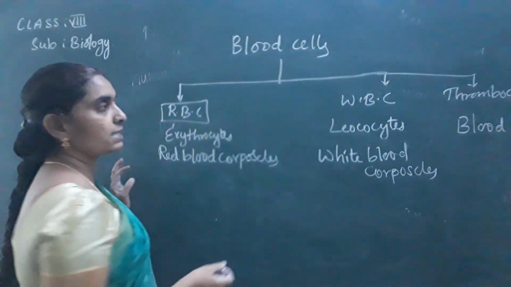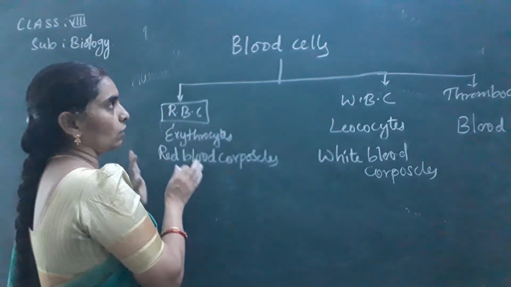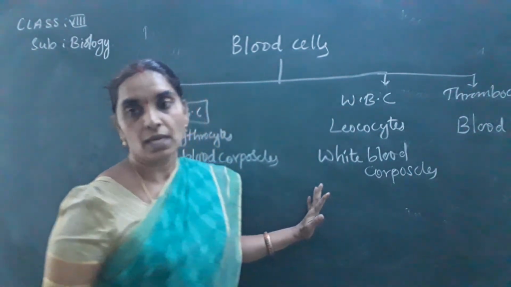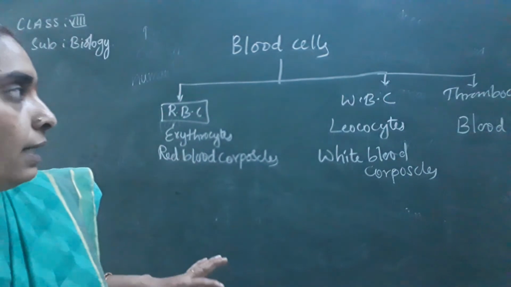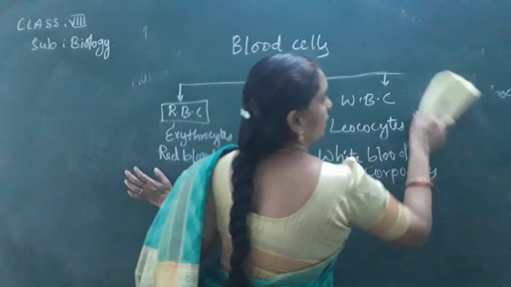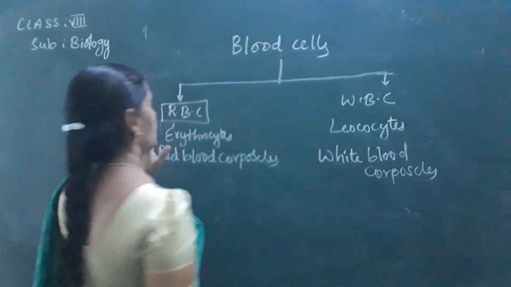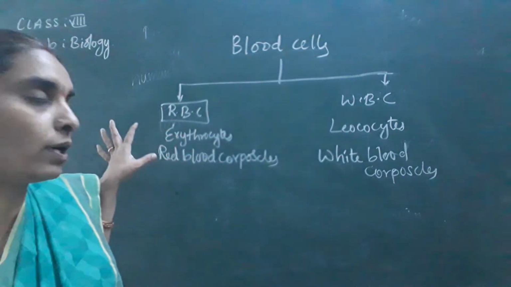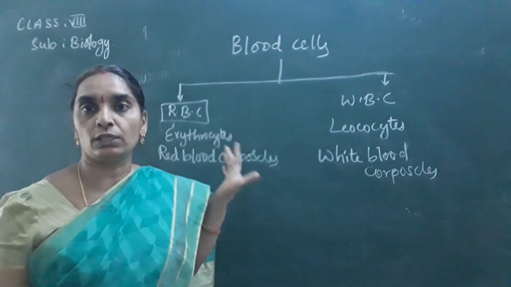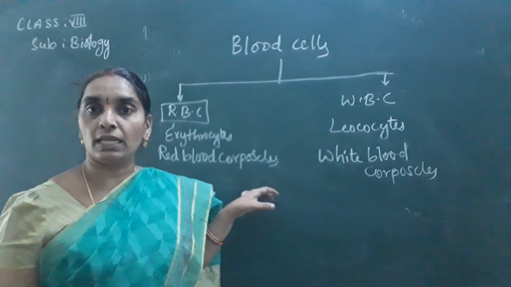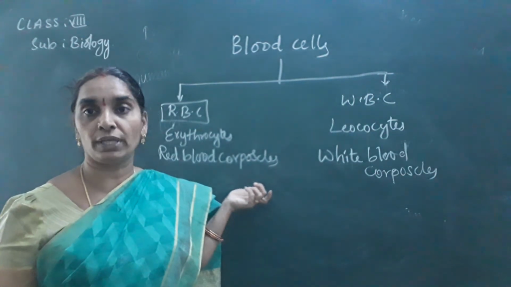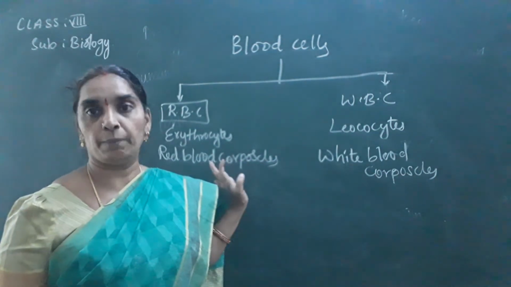Here in this class you are going to learn about RBC and WBC. What are RBC and what are WBC? RBC, red blood cells, are mainly important for the red color of the blood. Blood is red in color due to hemoglobin, a protein component present in our blood.